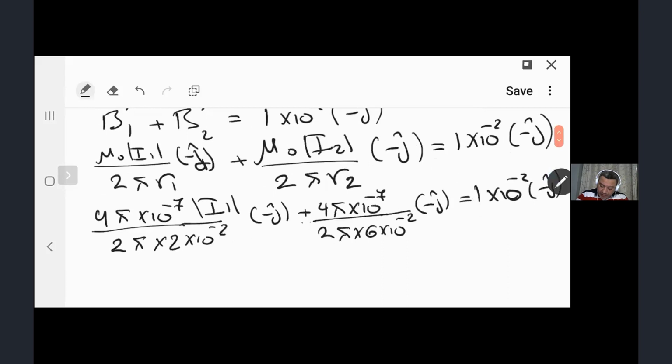Now, as you can see, all of them are j hat. J hat will cancel. And I2 magnitude is the same as I1 magnitude.